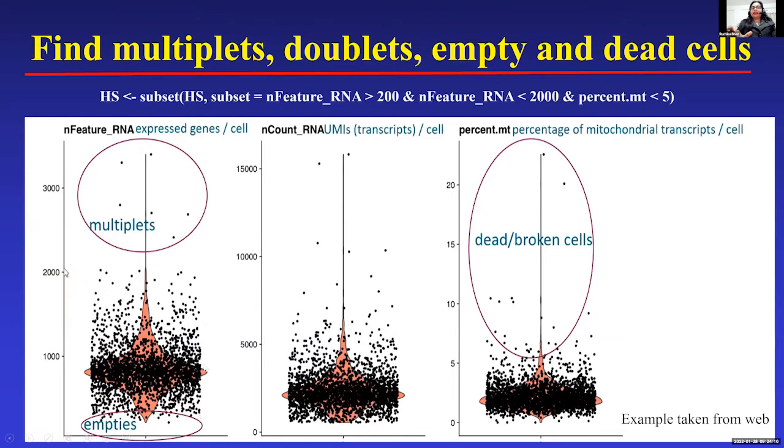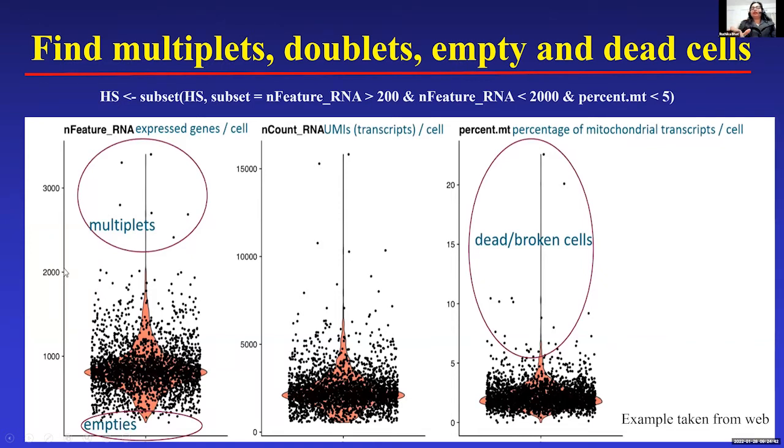So this area is the average bin for us in this case, and anything above that would be the multiplets. So basically any cell that was captured, like 2 cells that were captured together, or maybe more than 2 cells captured together, is the reason they have a larger number of UMIs compared to the average cell behavior that we are seeing, which lies between 200 and 2000.